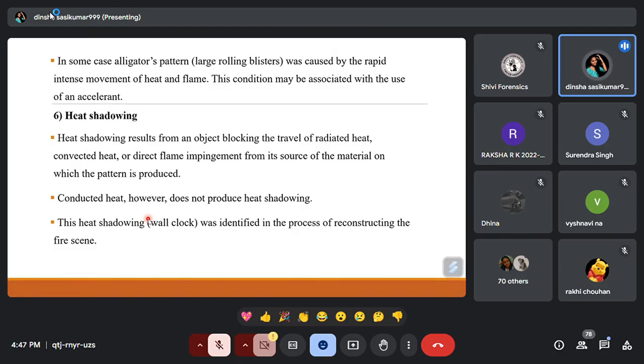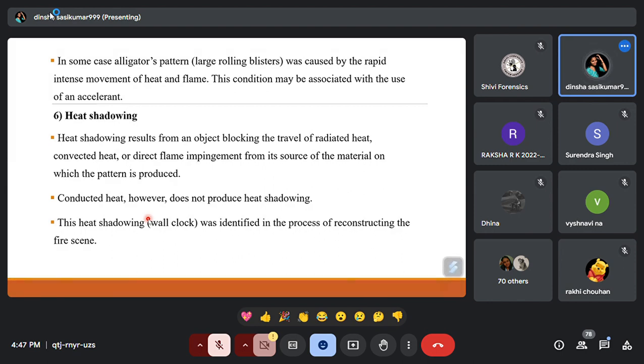The sixth pattern is heat shadowing. Heat shadowing results from an object blocking the travel of radiated heat, convected heat, or direct flame impingement. That is, when heat is transferring from one substance to another, there is a chance of it being blocked.